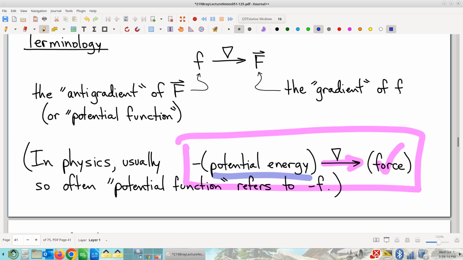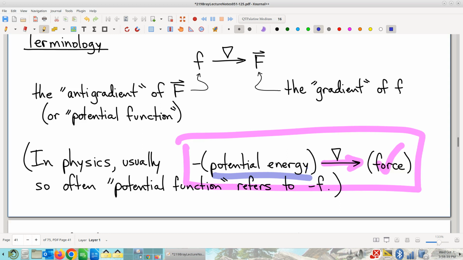And so potential function, because this thing that I call anti-gradient is most of what you need to know to understand potential energy. So if you're doing physics, and in particular, if you're thinking about a vector field that is a force, specifically a force, the anti-gradient relates to potential energy and thus the term.